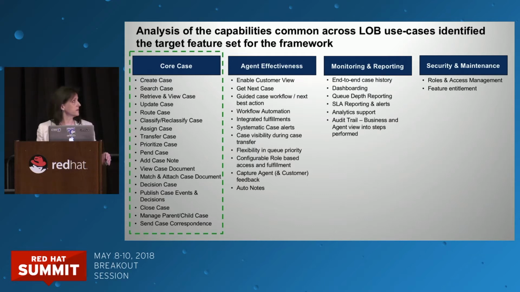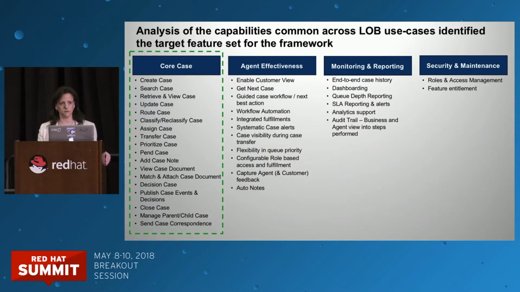So we have core capabilities, things that you would expect, like being able to create a case, search a case, assign and transfer a case. We have capabilities for agent effectiveness, things like configurable queues, workflow automation, get next.